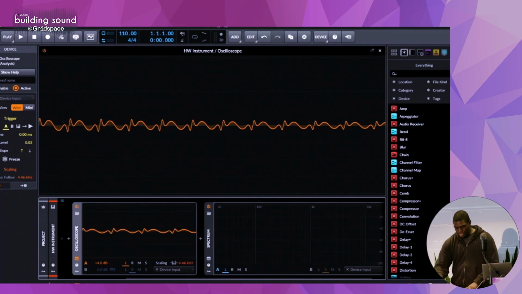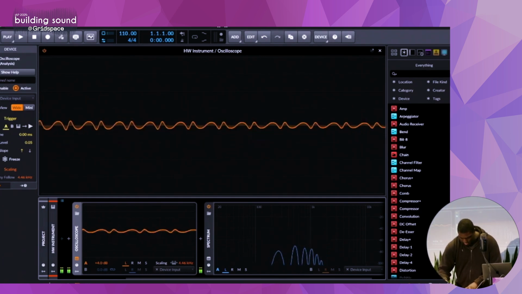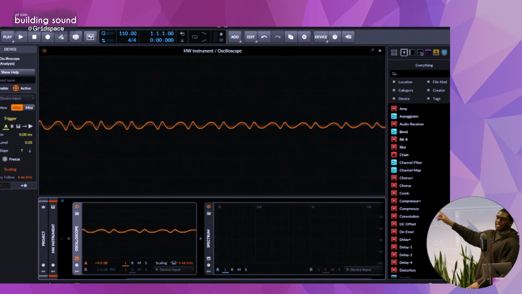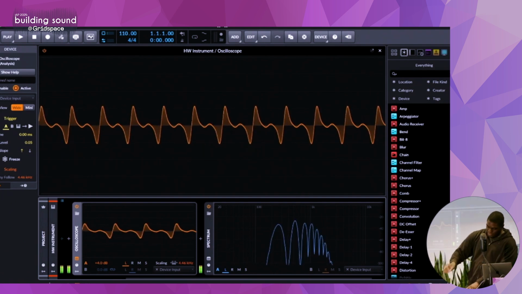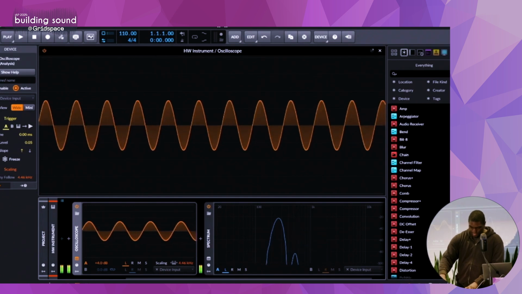And of course, you can hear something that's being both a modulator and a carrier here, where you're hearing this modulator here.